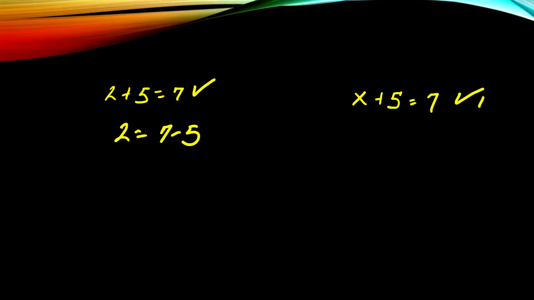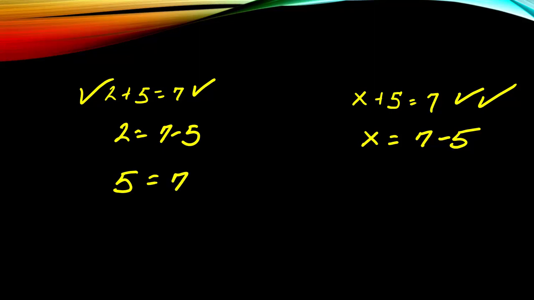Over here on this side, we'd have x equals 7 subtract 5. Once again, over here, we would have 5 equals 7 subtract 2. And once again, over here on the right-hand side, we would write 5 equals 7 subtract x.